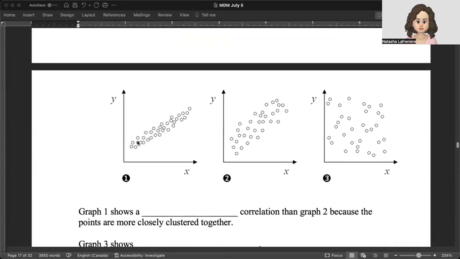So if we look here, the dots are close together, and it makes a very clear line that's positive, and so we say that that has a strong correlation. If they're kind of spread out apart, but you still see the form of your graph, then that would be moderate or weak. And when there's absolutely no form in your graph, that's no correlation.